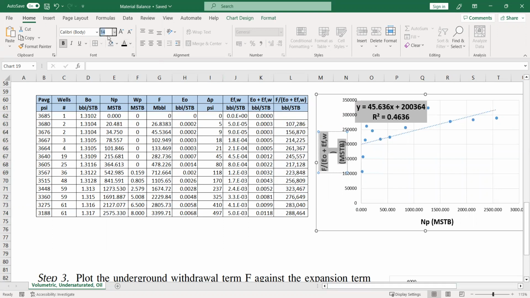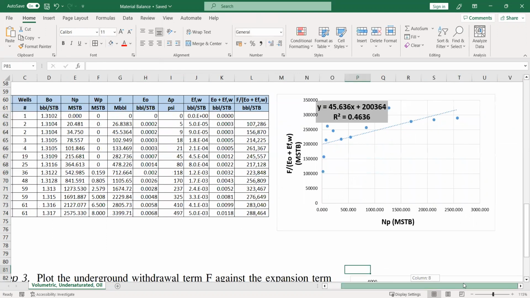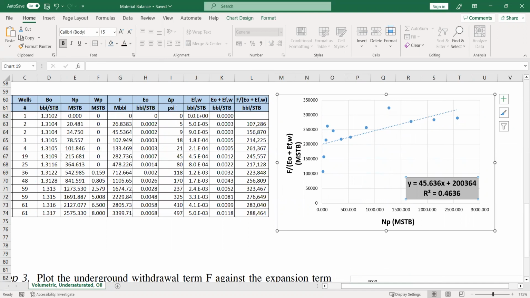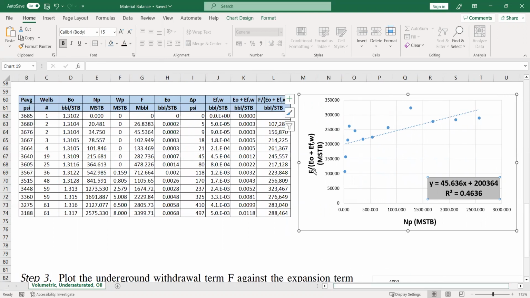Maybe I can make it smaller. Okay, and then change it, just for looks. All right, so it's like this. Of course, it's a diagnostic tool.